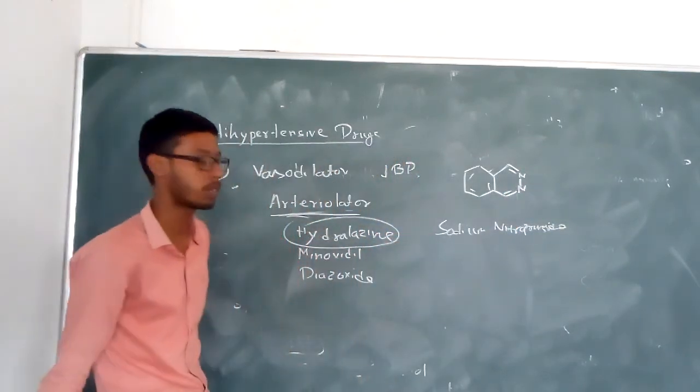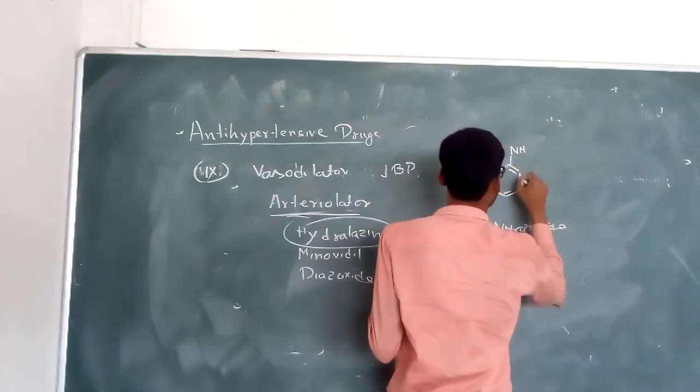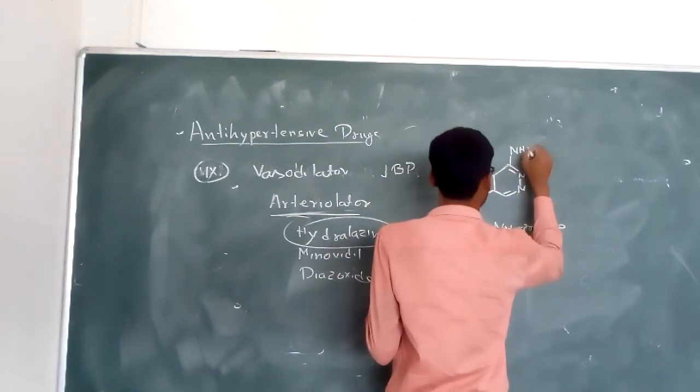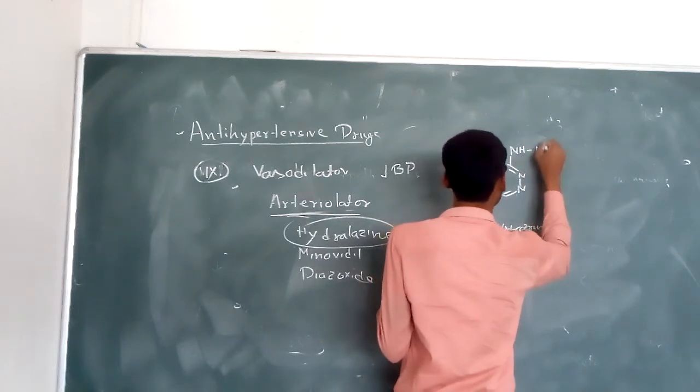This is the ring of phthalazine, and it contains NH2 at the 3 number position.